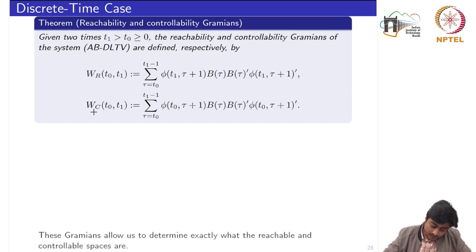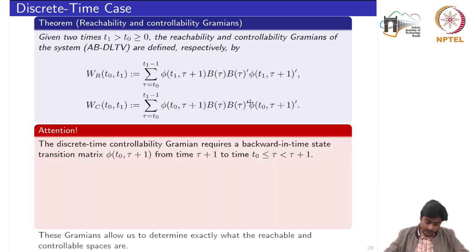Now note here the controllability Gramian. Here the summation is taken from t0 to t1 minus 1, and it involves phi(t0, tau plus 1) and B(tau) and their transpose. You need to pay a bit of attention here: the discrete time controllability Gramian requires a backward in time state transition matrix.